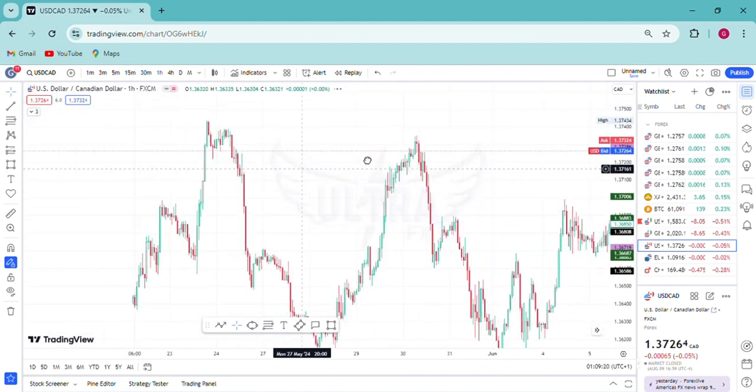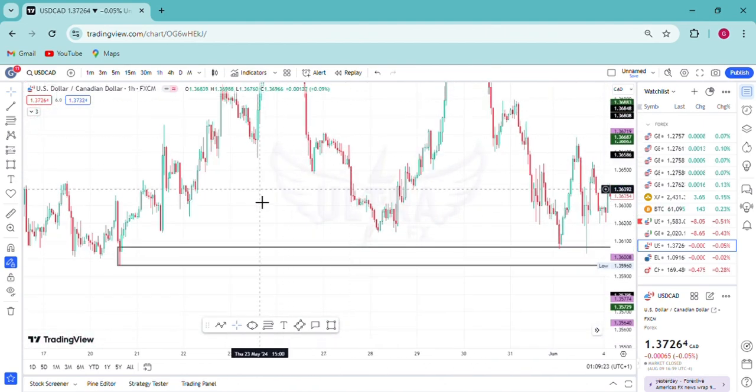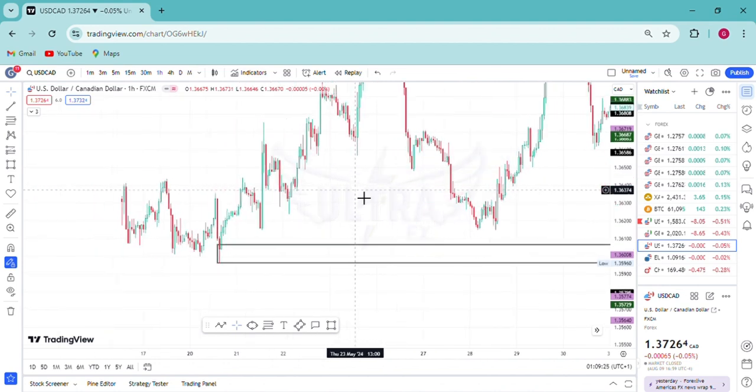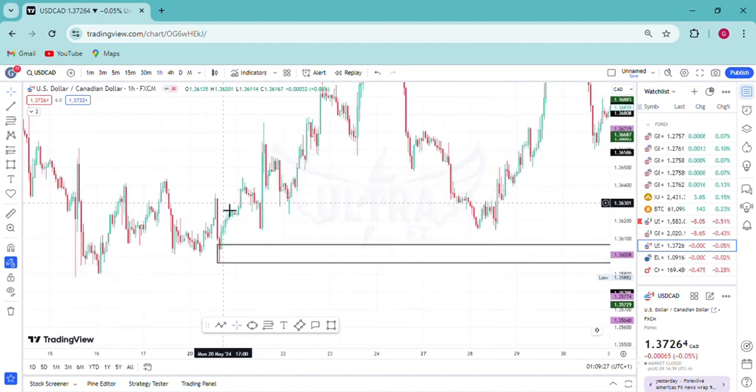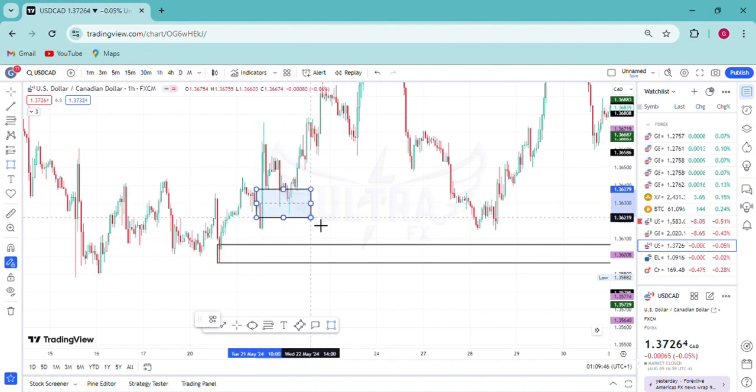You don't have to start naming everything. The most important thing is to actually be profitable in the market. This is a breaker. Price taps into it, goes to the upside. You can call this a mitigation block because this one is actually higher than this, and you can see that there is a mitigation block here. So you just take your trade from this place.